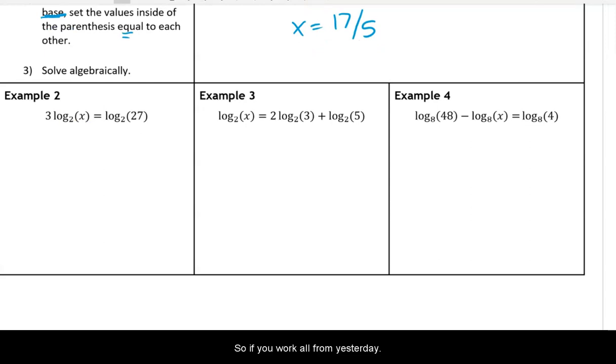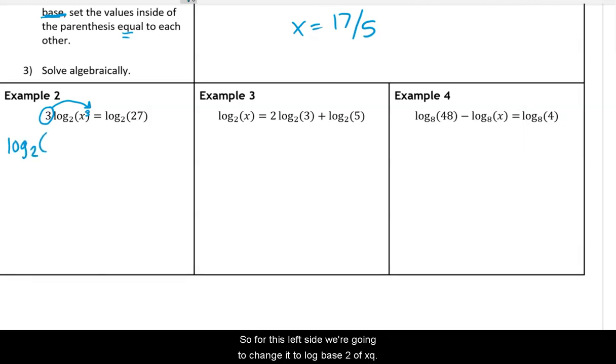So if you recall from yesterday, we have a 3 in front, and in our properties of logs, this can now become the exponent on the x. So for this left side, we're going to change it to log base 2 of x cubed equals log base 2 of 27.